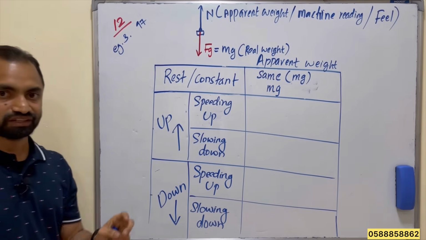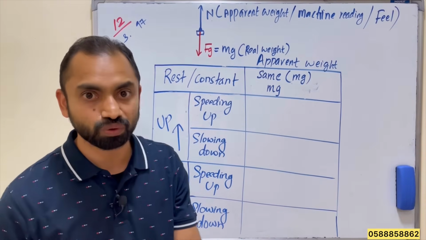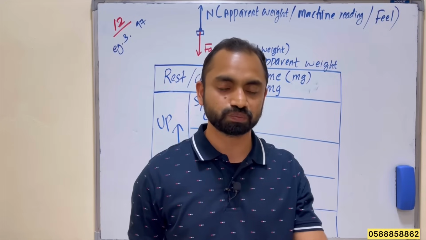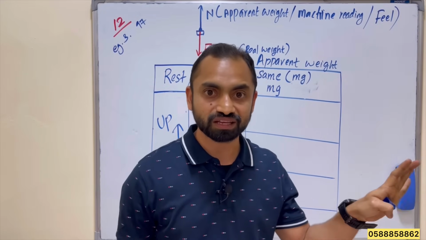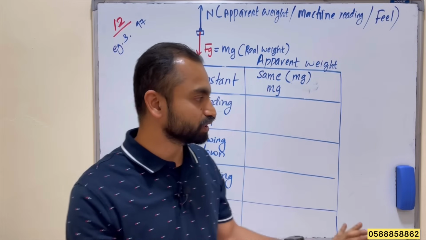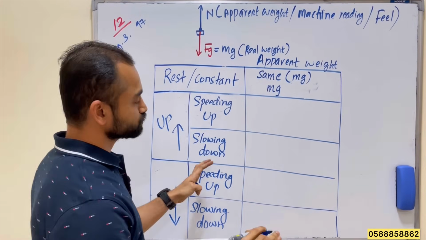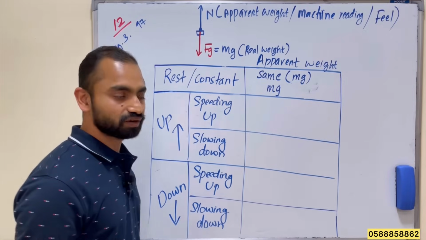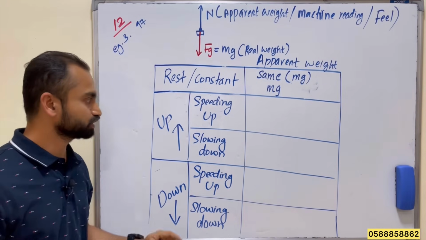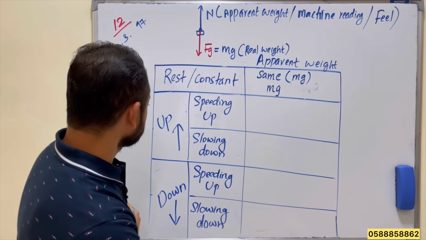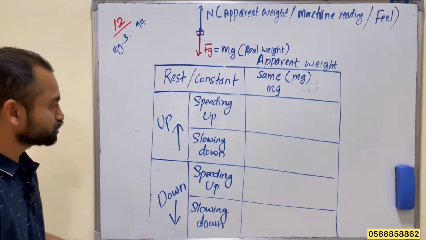Do you understand? If the elevator is at rest or moving at a constant speed, apparent weight and the real weight will be equal. That is equal to mg. What is mg? Mass multiplied by g. What is g? Gravitational field of Earth. What's the value? 9.81.